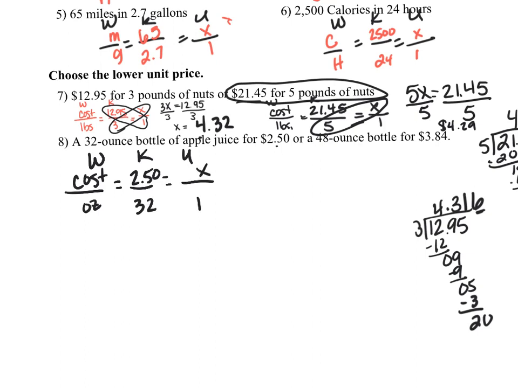And then we're doing $3.84 for a 48-ounce bottle. So you need to know which one is cheaper. So I want you to set those up, 48, yes, sorry, for a 48-ounce bottle over ounces. Compare those two and set those up and see which one's cheaper, and then we're going to talk about it here in a minute.